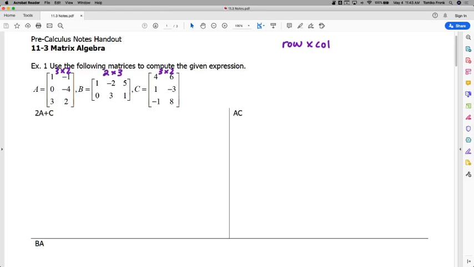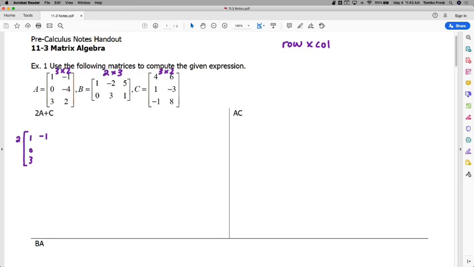All right, so there are some rules that we have to apply if we want to multiply matrices and things like that. Okay, so we want to calculate 2A plus C first. So we can take a matrix and multiply it by any scalar, any number. So the first thing I'm going to do is multiply matrix A by 2.